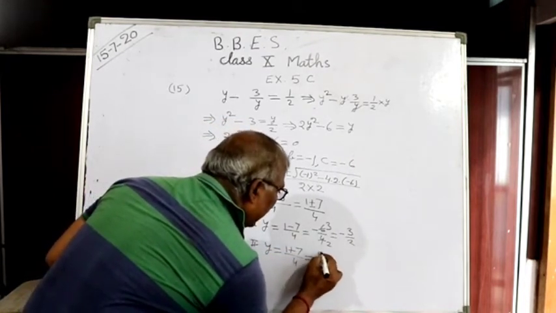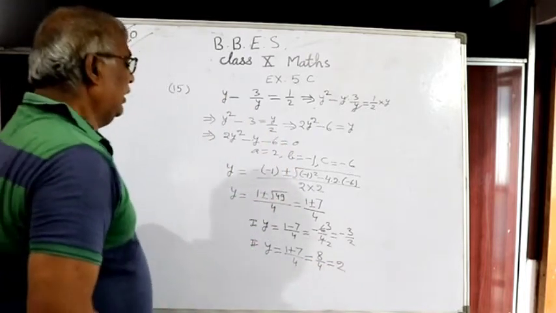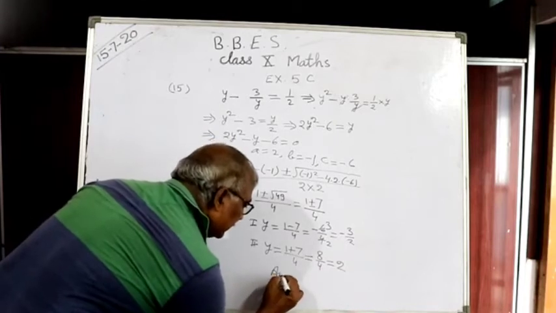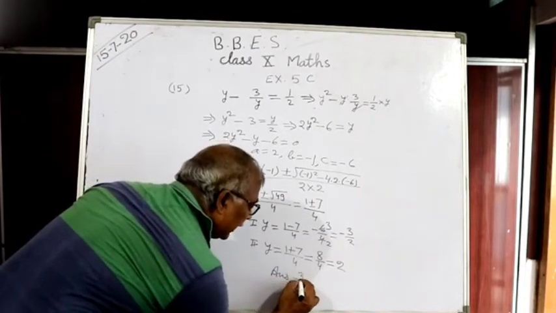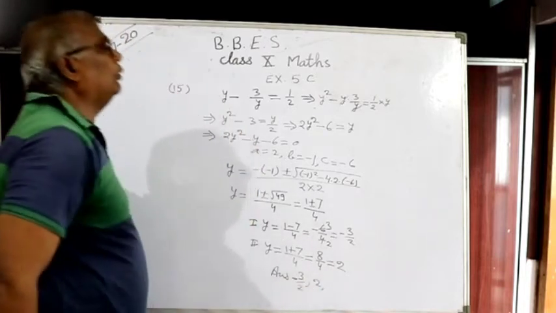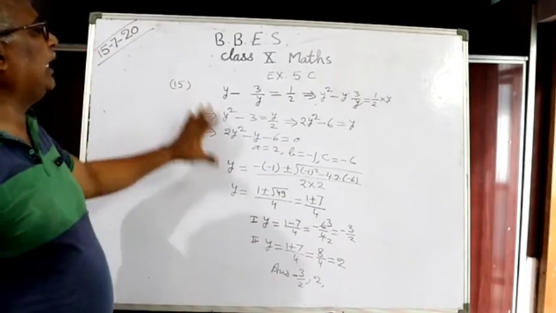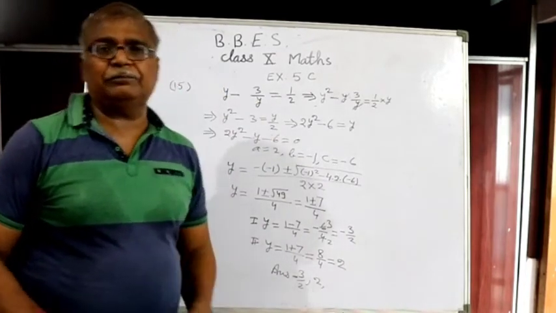It is equal to 8 upon 4. It is equal to 2. The answer is minus 3 by 2 is the first root and 2 is the second root. This is the solution of the quadratic equation by the formula method.